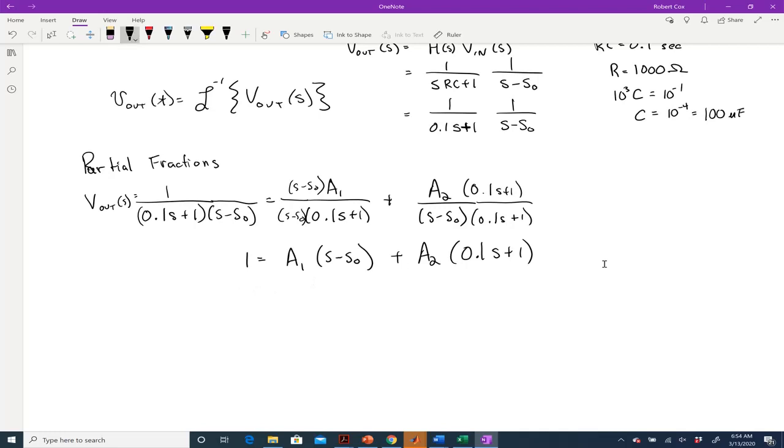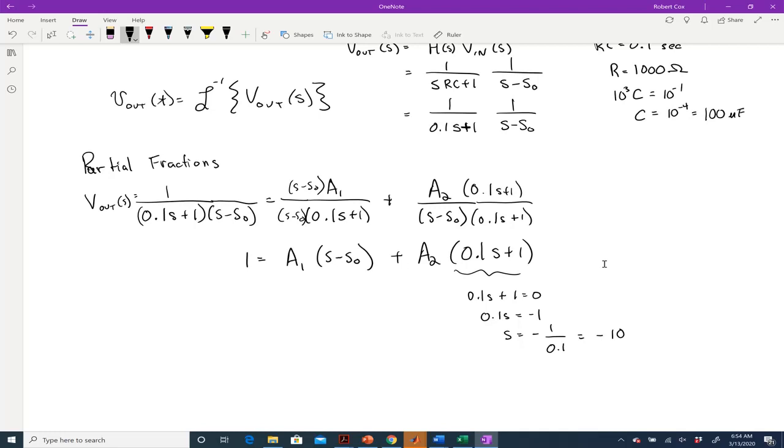What value of S is going to make this equal to 0? So I can say 0.1 S plus 1 equals 0. So 0.1 S equals negative 1. So S equals negative 1 over 0.1, or in this case, negative 10.